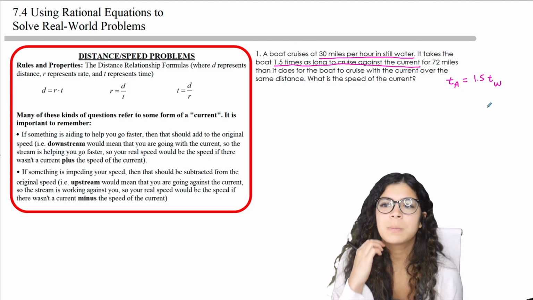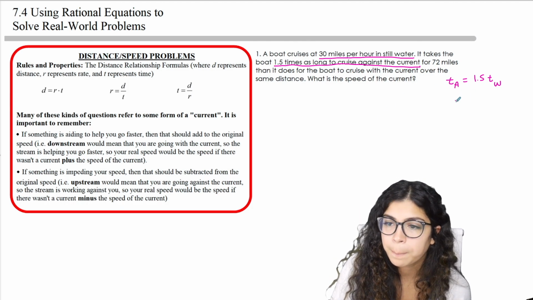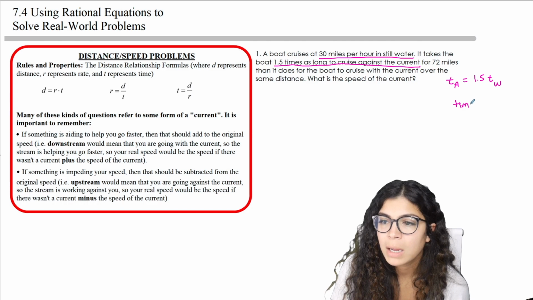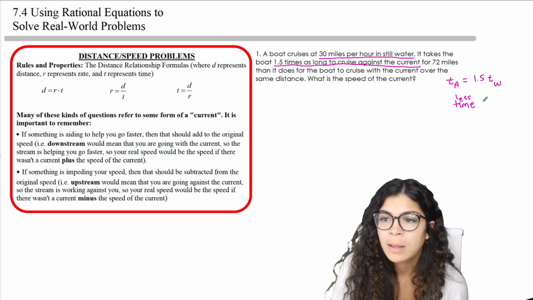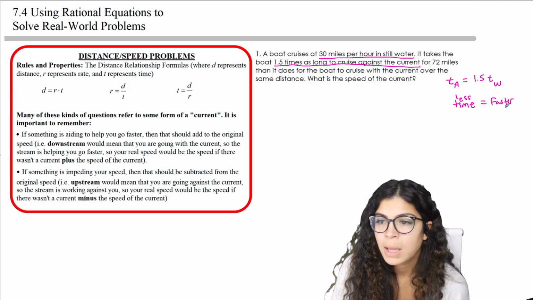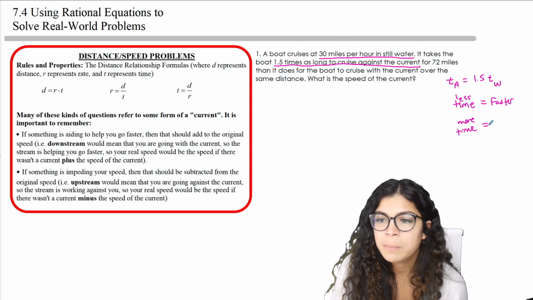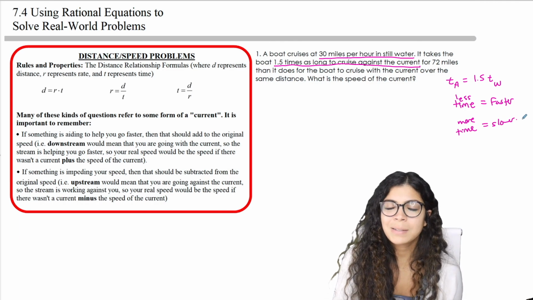And that makes sense because if there is less time, then that would mean that you got there faster. And if you're spending more time, then that would be that you were slower. So that makes sense.